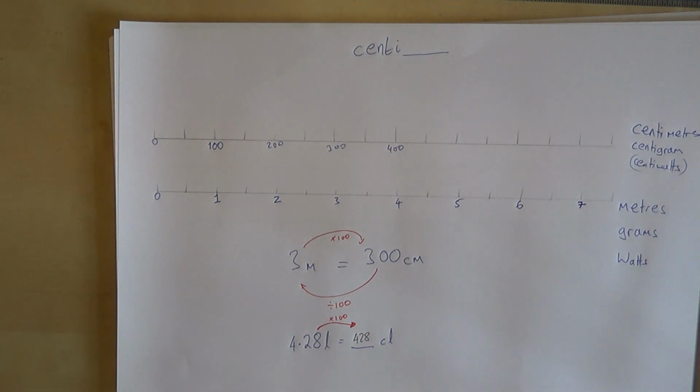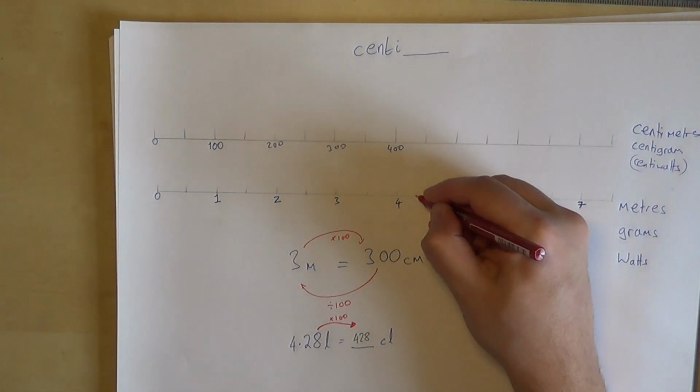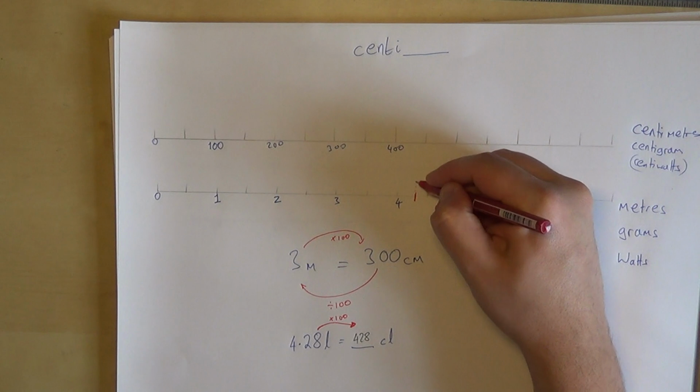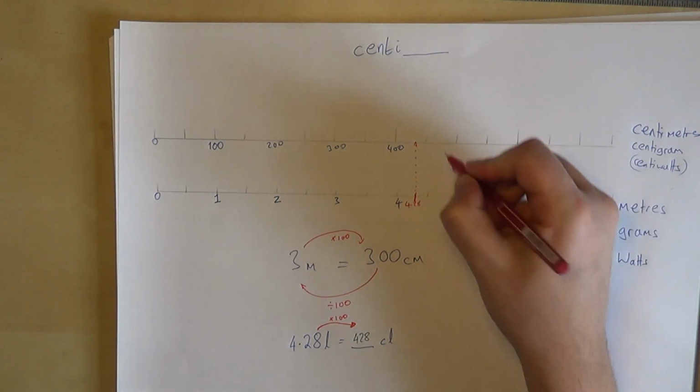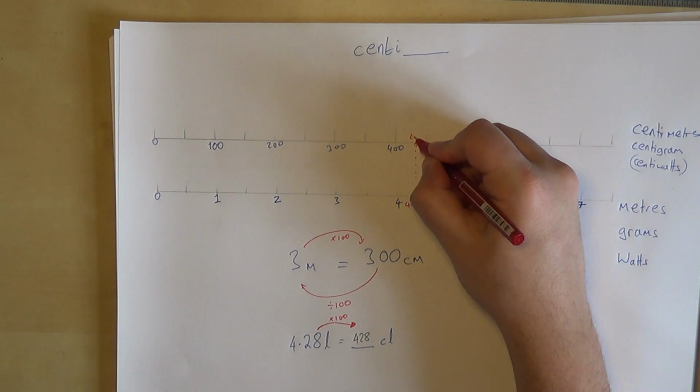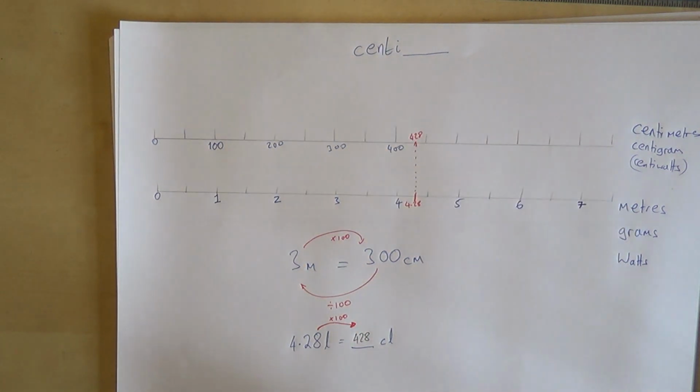Or you could check on the number line. 4.28 is somewhere here, so it's clearly going to be 400 and something. 4.28 and 428 match.